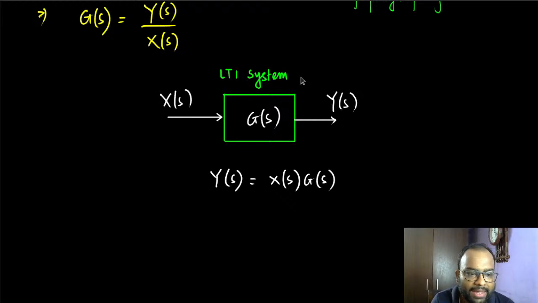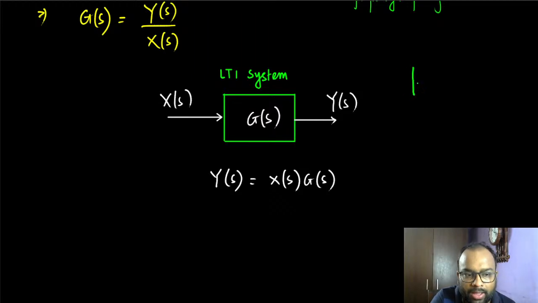Essentially, applying the Laplace transform converts everything to something like an amplifier, a gain structure. Whatever signal comes in multiplies with the gain, and that becomes the output.